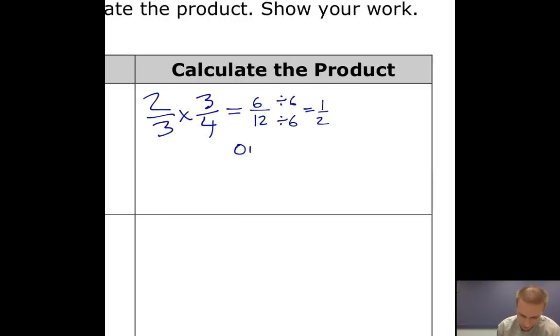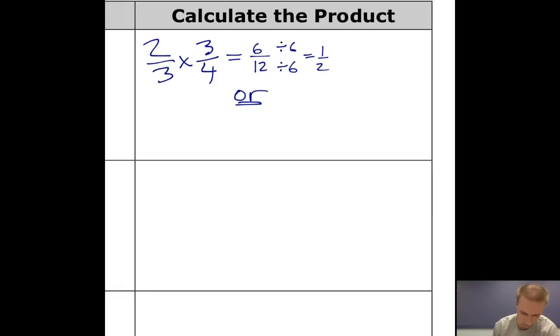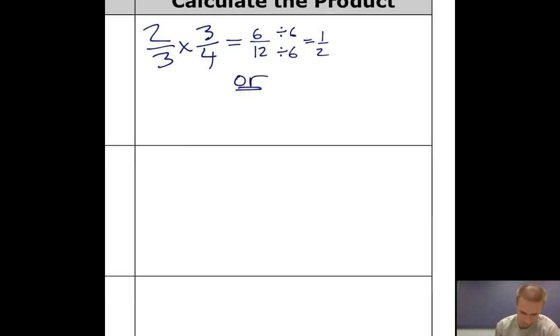Now, there is another way to go with this, to do the multiplication a little bit more simply. Here is my suggestion to you. Let's take that 2/3 times 3/4, and let's recognize the fact that we are going to be simplifying this to lowest terms.